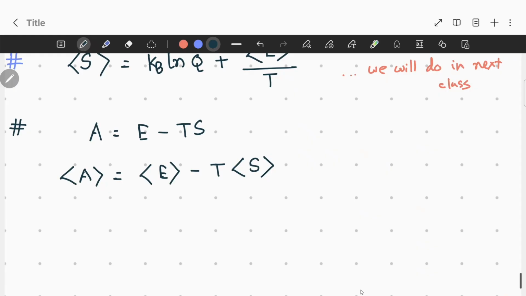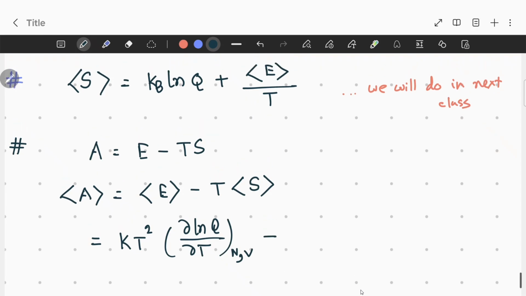E average we have calculated: kT square del ln Q del T at constant V. And now what will be TS? It is kT ln Q plus E average. For timing we are not using kB.